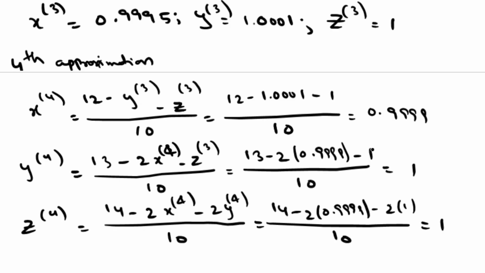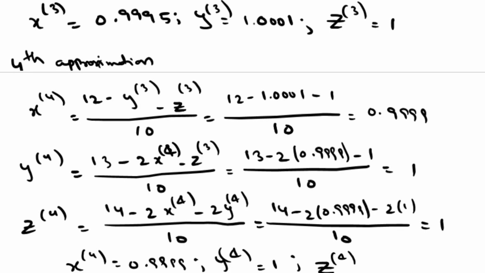Therefore, x of the fourth approximation is approximately 1, y of the fourth approximation is 1, z of the fourth approximation is 1.